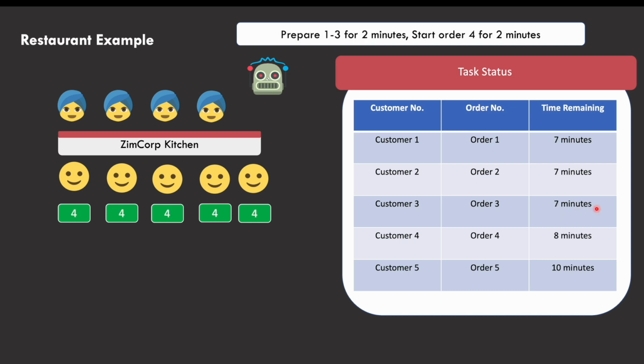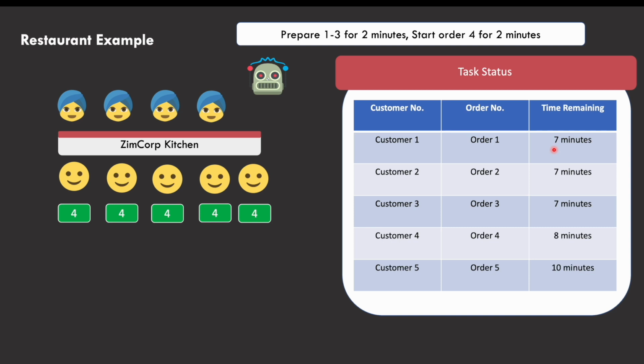Then the task scheduler tells the chefs to prepare orders 1, 2, 3 for 2 minutes, and start order 4 for 2 minutes. Okay, so now 7 minutes are remaining because earlier there were 9 minutes remaining, right?